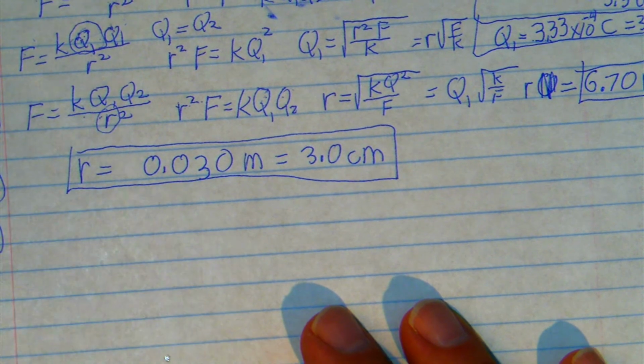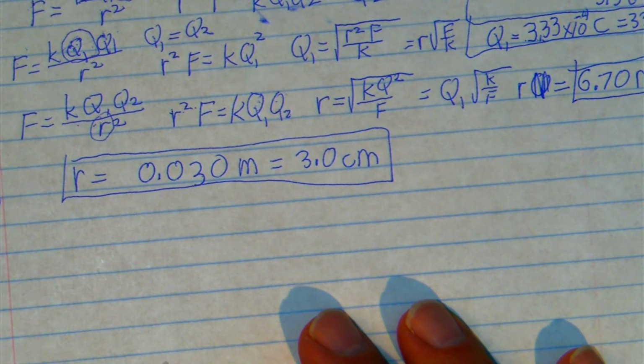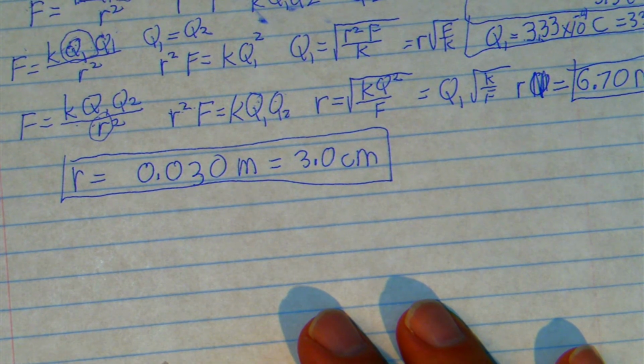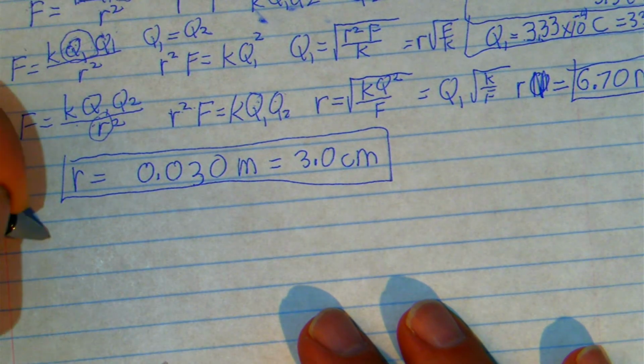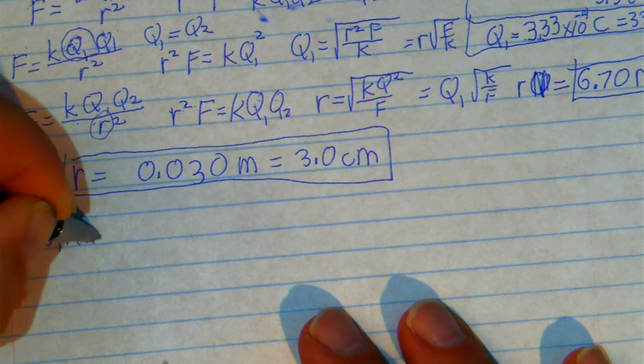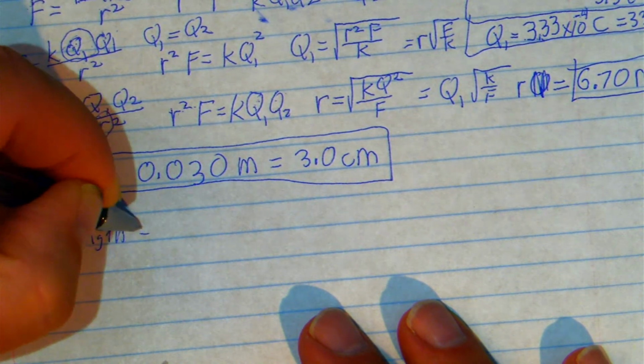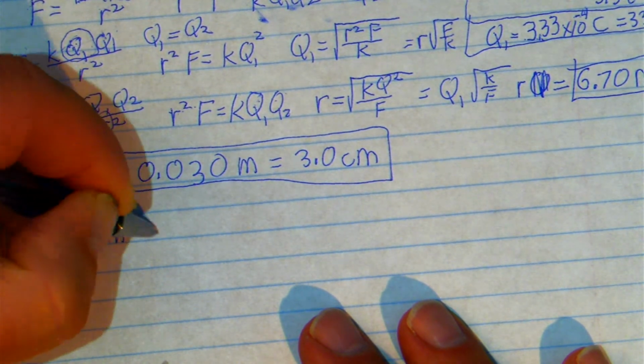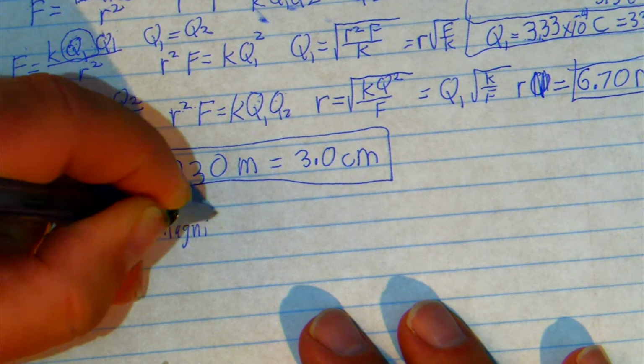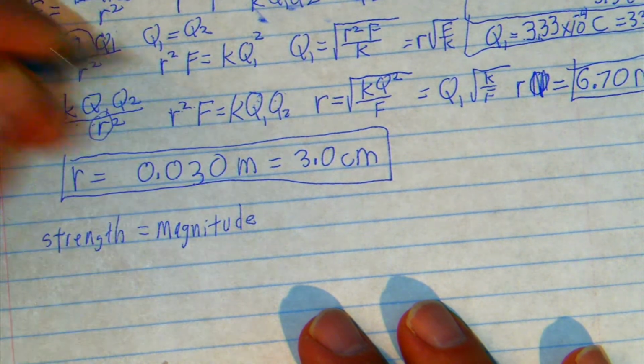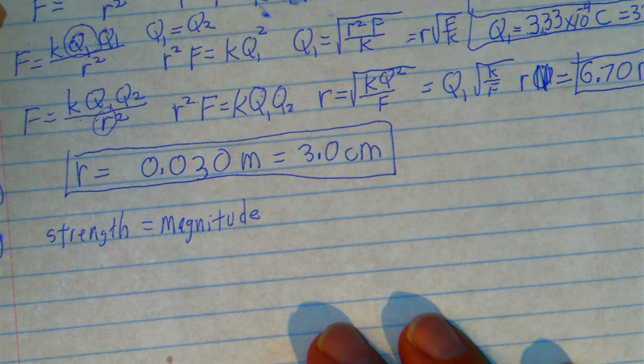Number 10, the force between two charges is 2 newtons. The distance is given. If one of the charges is this, what is the strength of the other charge? Now, strength can mean magnitude, although I would have preferred that you actually include the algebraic sign.